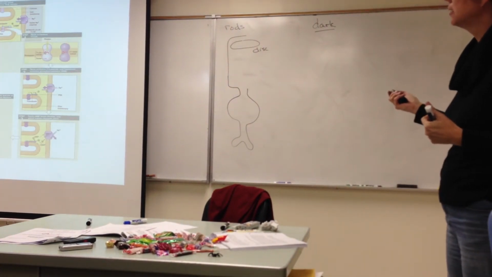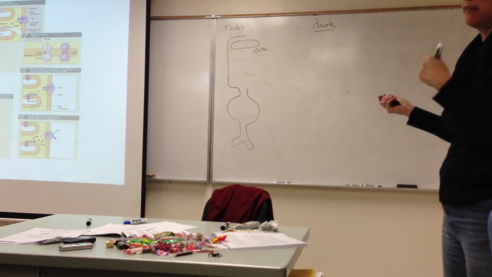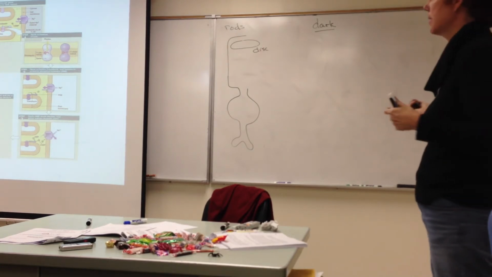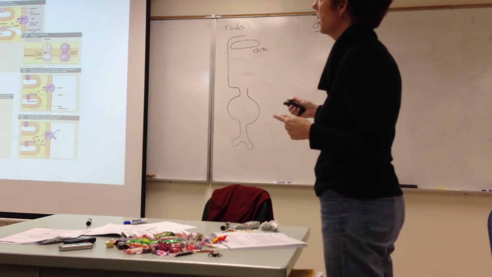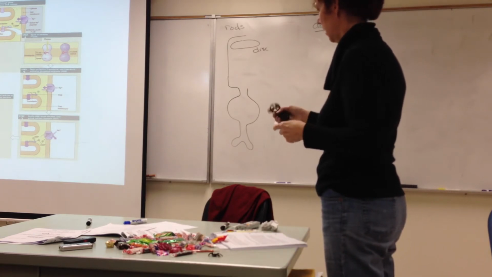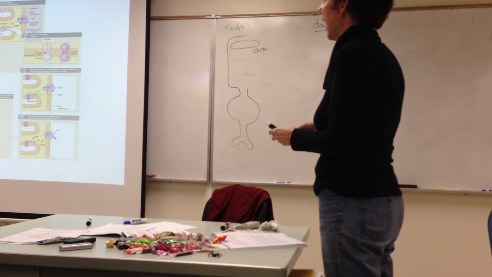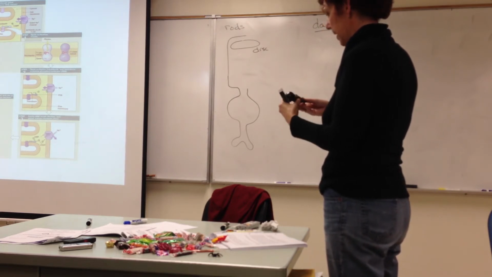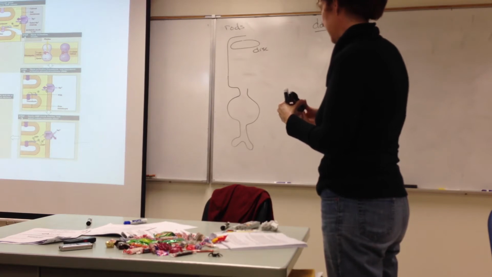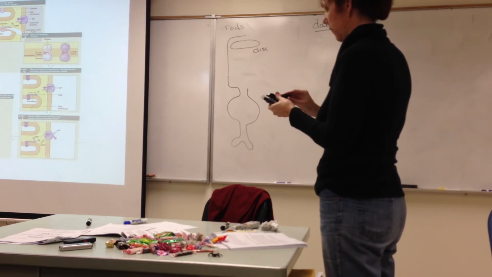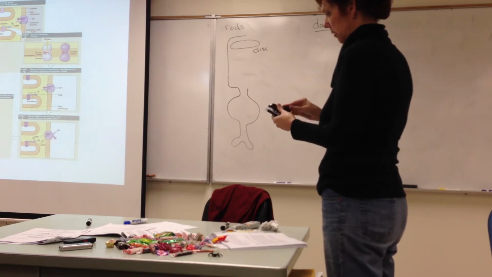This is probably a little hard to see from the back, but I think you have these diagrams in your lecture notes. We're looking at the structure of the plasma membrane of one of the discs that is now going to be responsive to light.